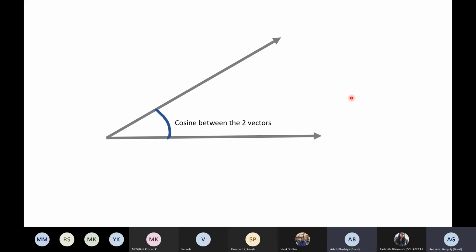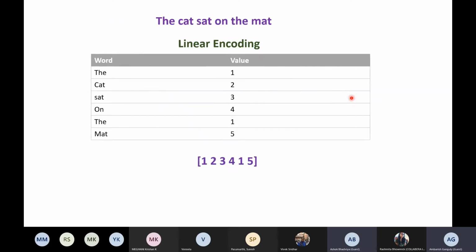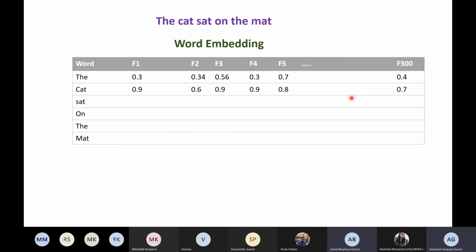If it's a 300 dimensional vector, like the one that we are seeing over here, it will have 300 values. For us as humans, we cannot visualize this, but mathematically it is very easy. It is just a vector having 300 values.